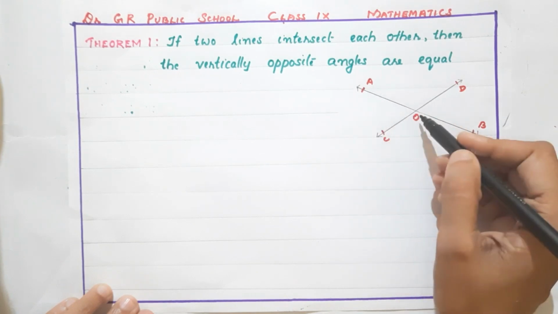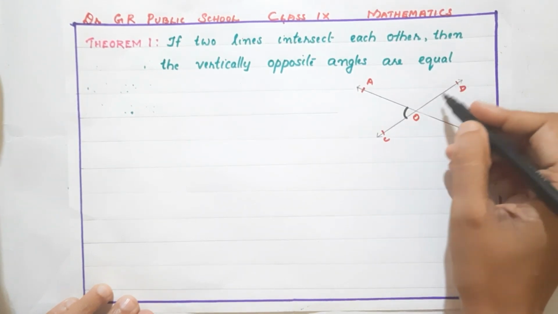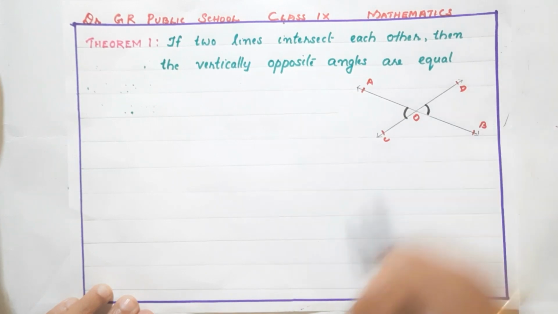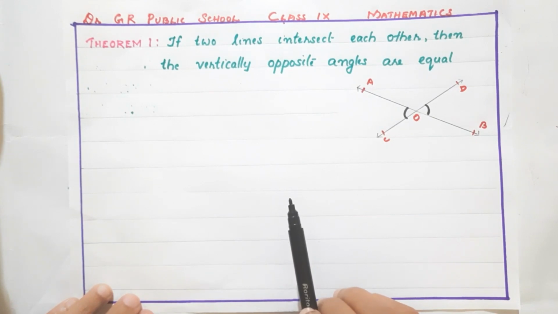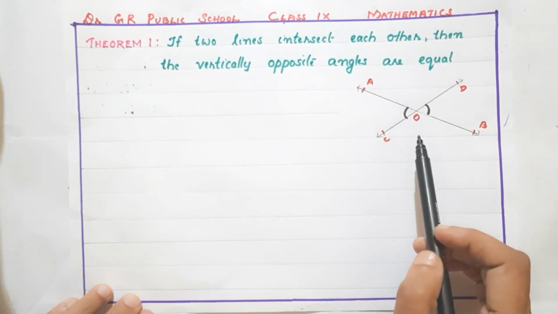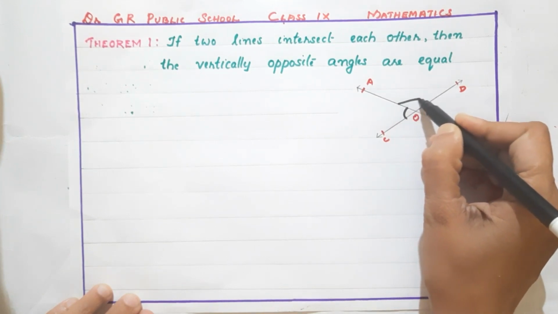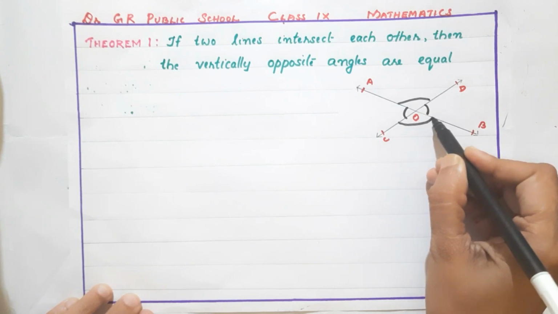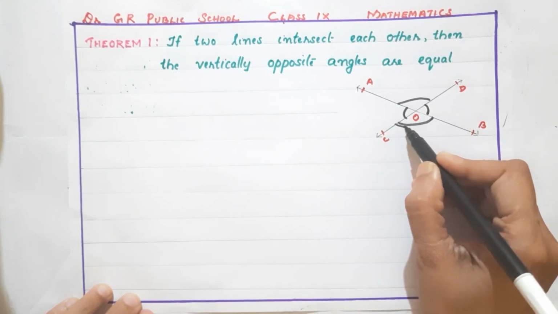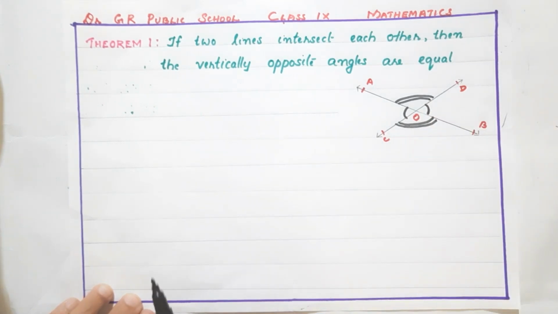So which are vertically opposite angles? This AOC and BOD. One pair of vertically opposite angles. Then we can have one more pair, AOD, this one, and this COB. So these are the pairs of vertically opposite angles.